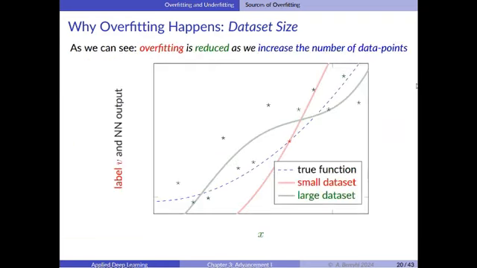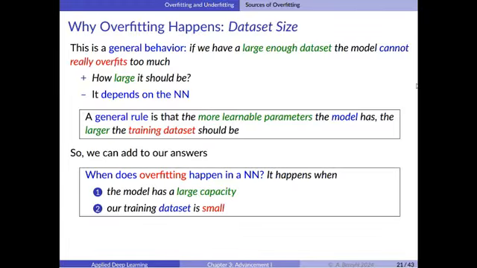Okay, you can see the data size, and when we have a larger data set, you might think in which case, when we increase the number of data points, the overfitting is reduced. So the second thing is that our training data set is small.